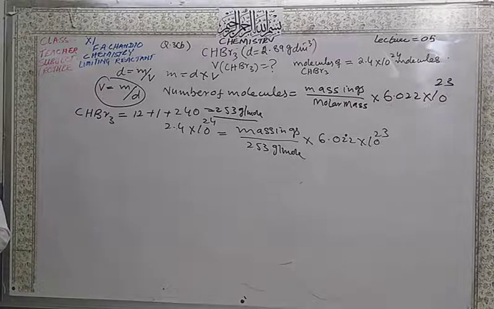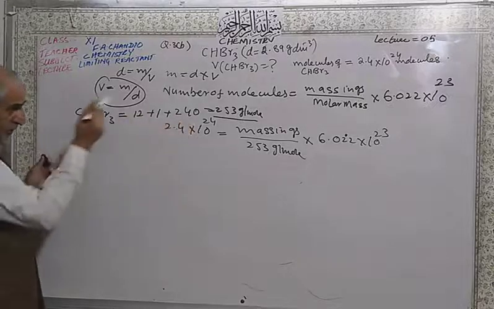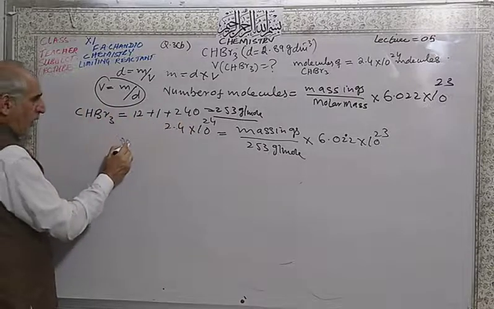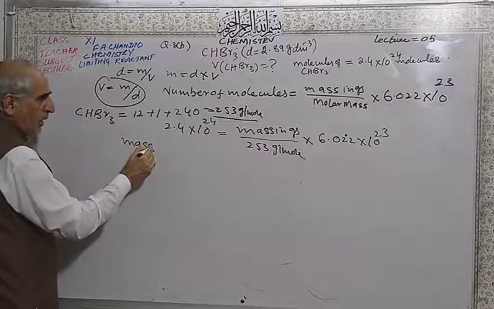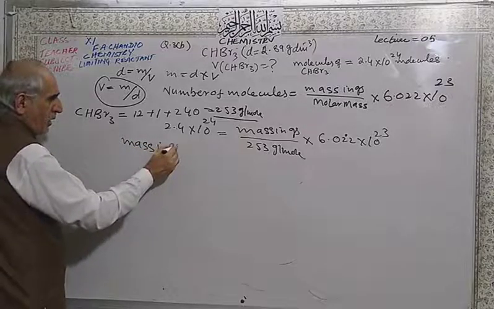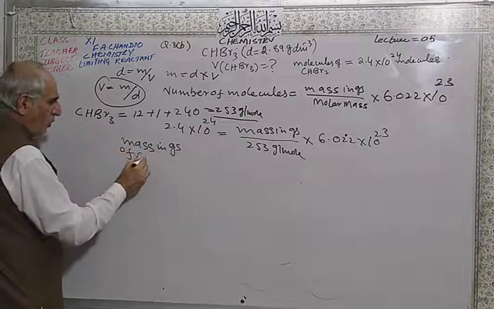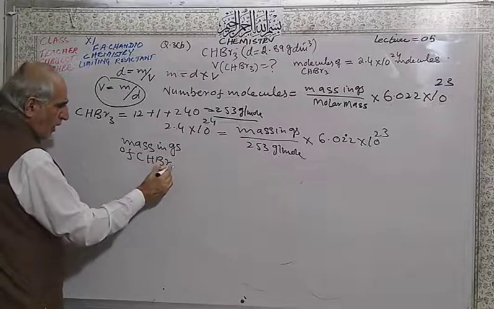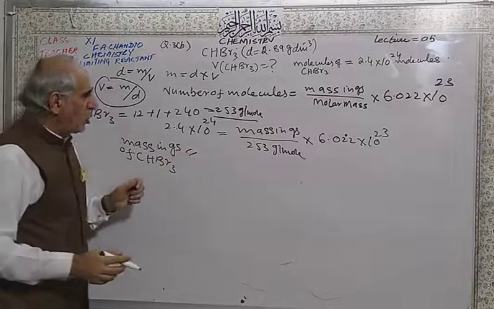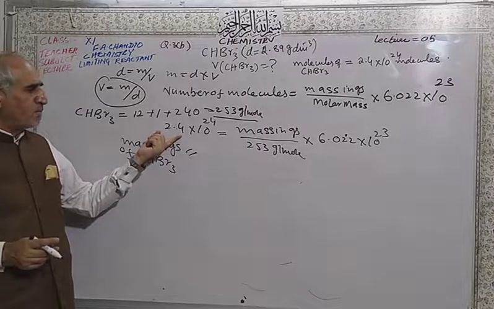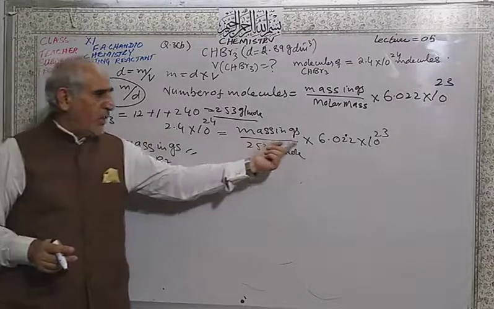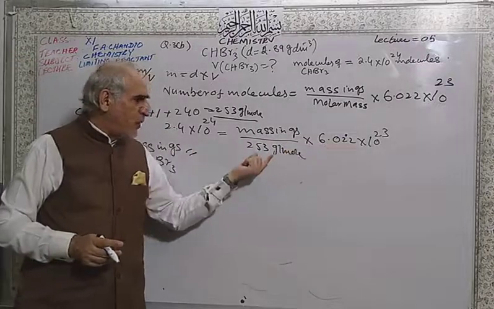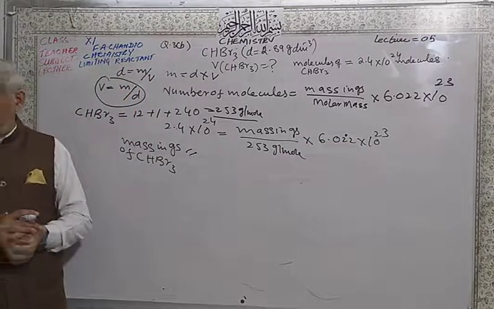Mass will be equal to mass in grams of tribromomethane. So this will be the numerator, Avogadro's number will be the denominator, and this will be the multiplier.